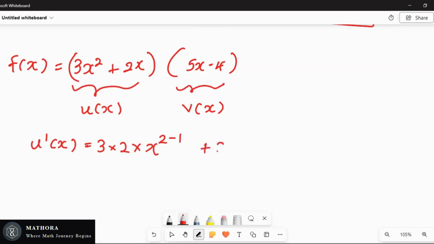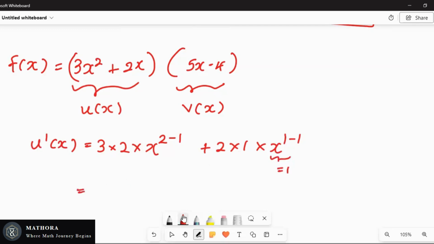Plus 2 times x to the power of 1. Even though, I will write it for you: this is going to be 1 times x to the power of 1 minus 1, so simply x to the power of 0, which is equal to 1.